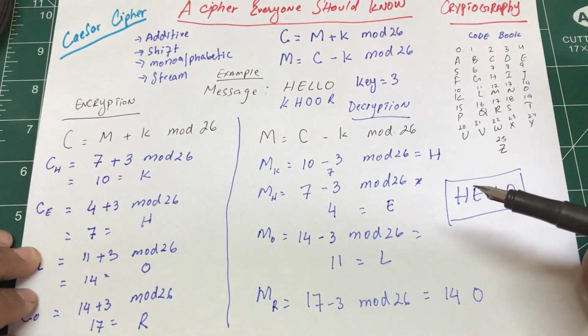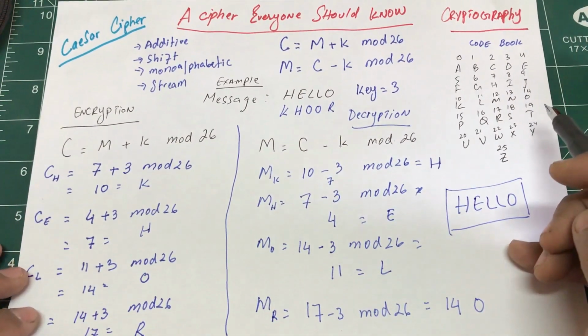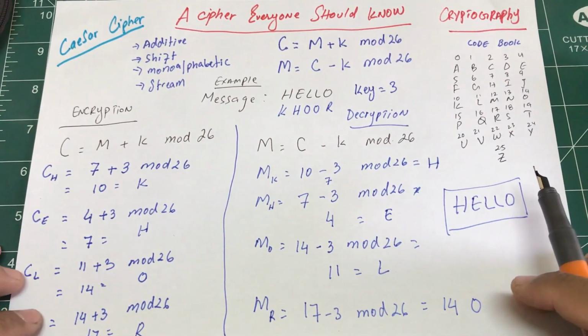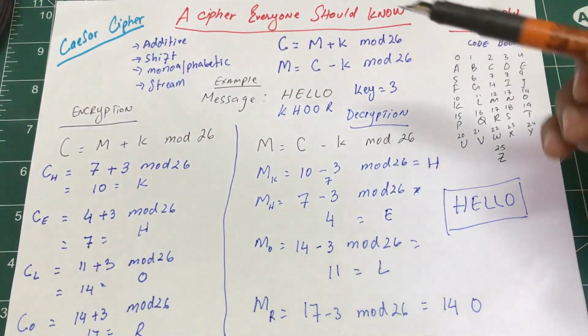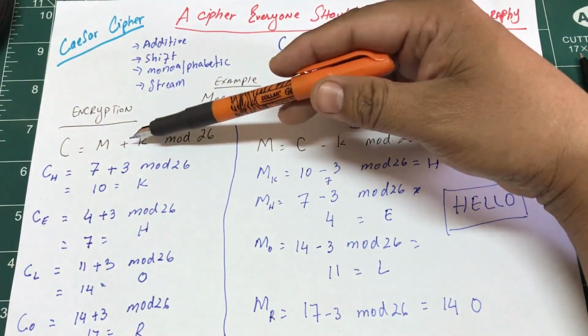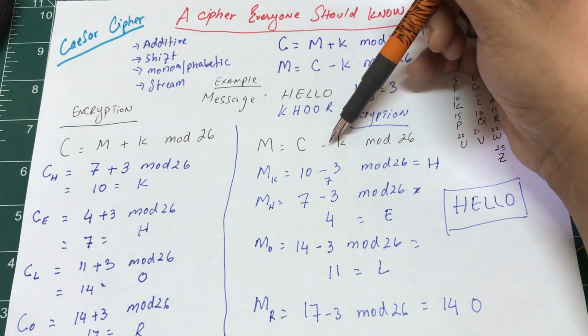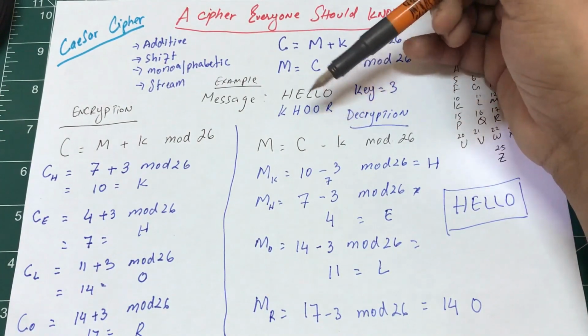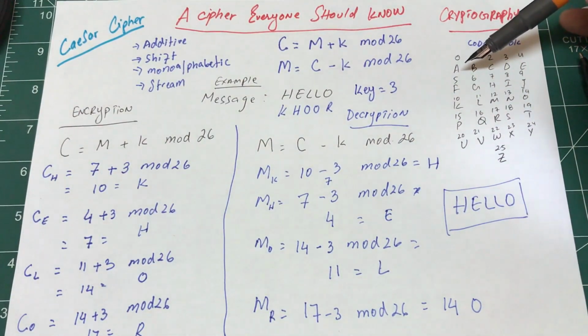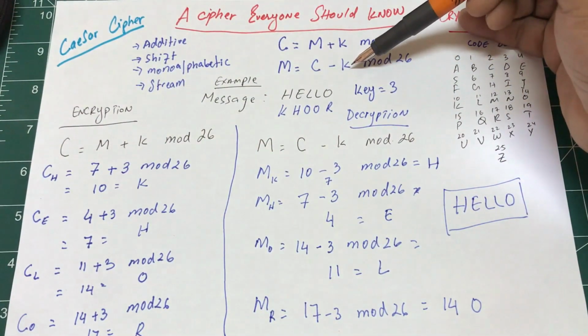Okay, so let's look at a couple of things regarding this particular cipher. This is a cipher I think everyone should know, even your kids are supposed to know this. You can decide the key beforehand. It's additive in nature, and the opposite is the additive inverse, which is minus with a negative sign. It is actually a shift-based cipher, which shifts the letters with respect to the key.